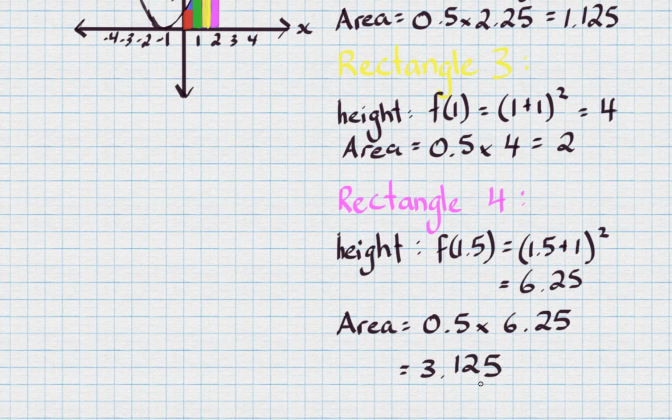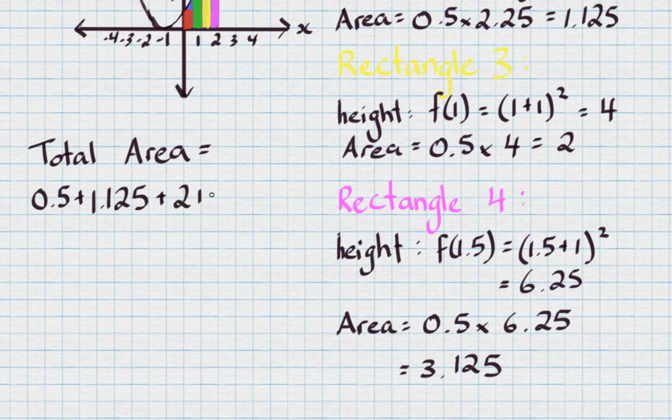So we can take these 4 rectangles and come up with the total area. So the total area will equal the sum of the 4 rectangles. 0.5 plus 1.125 plus 2, and our fourth rectangle is 3.125.